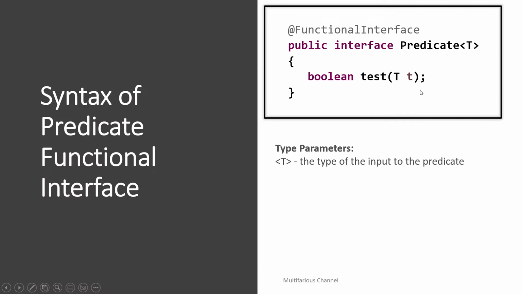So till now we have seen examples of predicate, function, consumer and supplier. But have you noticed one thing? All these predefined interfaces that we have studied so far take either one or zero input arguments. They perform some kind of operation on that and then either return void, boolean or some kind of value.